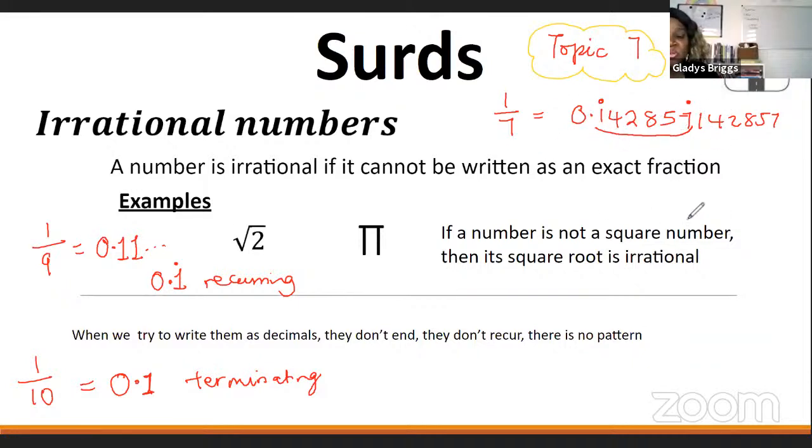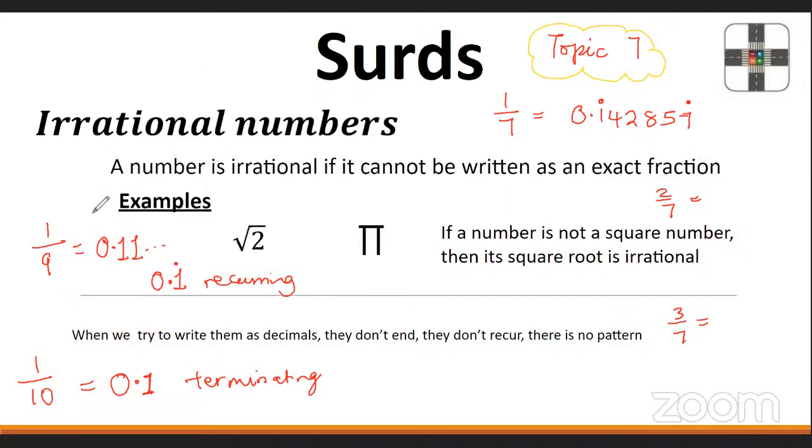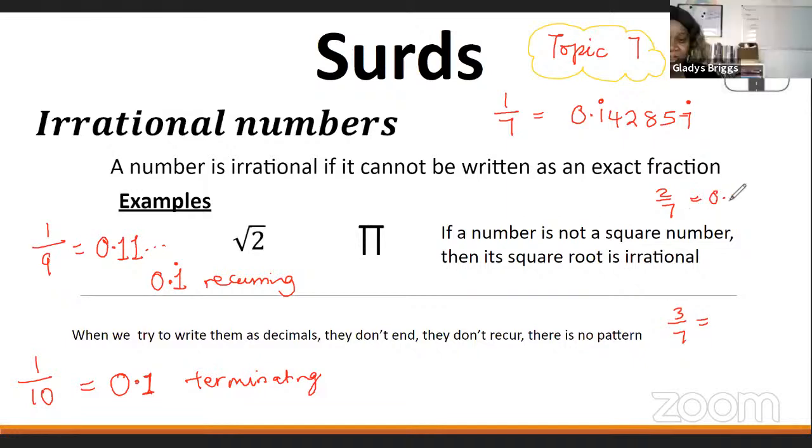If you did 2/7, you have the same numbers cycling again, but starting from a different point. If you did 3/7, you would have the same numbers. Try 2/7, and what do you get? 0.28571.